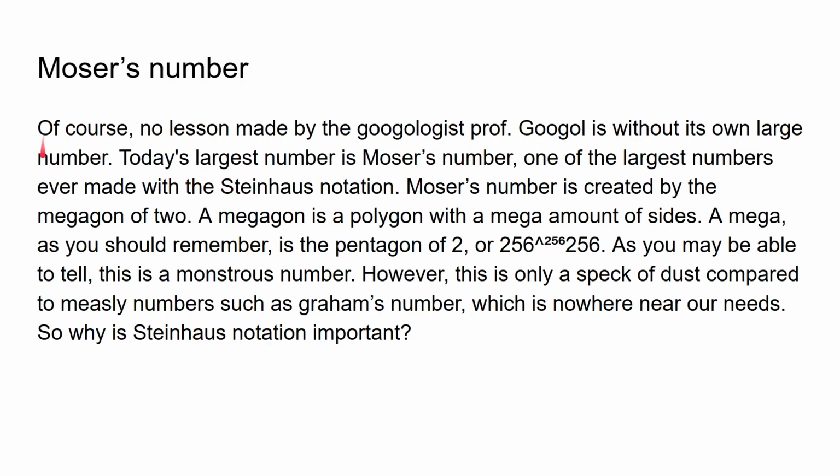Moser's number. Yeah, so obviously Professor Google needs his big numbers. Today's is Moser's number. Moser's number is the megagon of 2. So what a megagon is, is a polygon with this amount of sides.